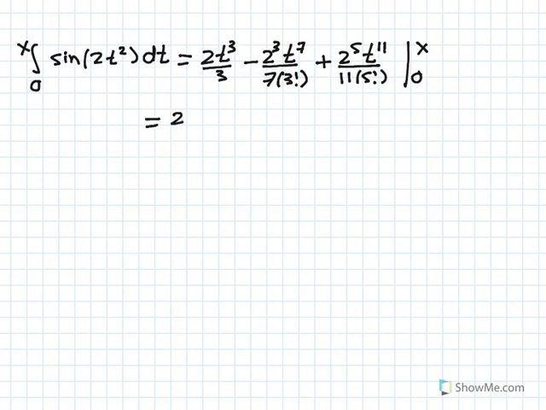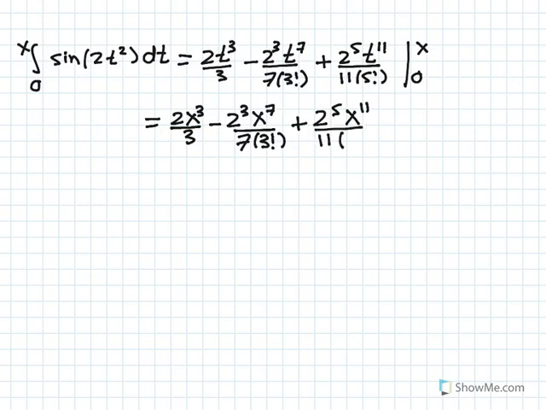So we get 2x cubed divided by 3 minus 2 cubed, x to the power of 7 divided by 7 times 3 factorial, plus 2 to the power of 5, x to the power of 11 divided by 11 times 5 factorial. Plug in 0 and it's all 0.